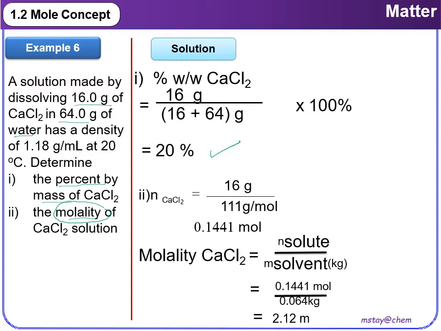In this question, moles of solute is not given, so we have to find the number of moles for the solute, which is CaCl2, calcium chloride, and then substitute this value. The mass of solvent given in the question is in gram, so we have to convert to kilogram. After converting, we get 0.064, and then the final answer is 2.12 molar.